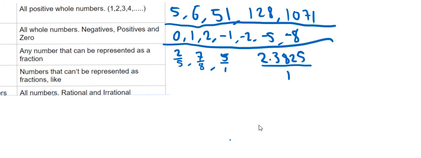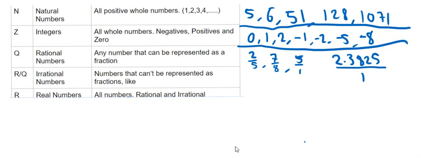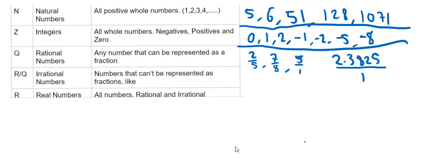There's not that many left that are irrational. If we look at the next one, we've dealt with most of the numbers so far. Irrational numbers are numbers that can't be represented as fractions. When you think about it, even something like this that I've mentioned here before can still be represented as a fraction.